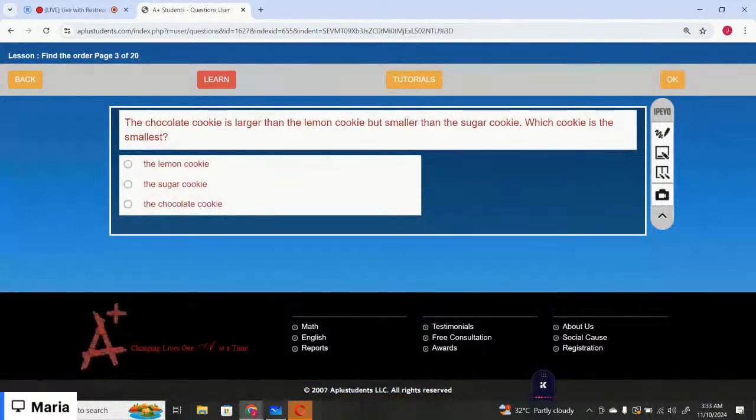The chocolate cookie is larger than the lemon cookie but smaller than the sugar cookie.